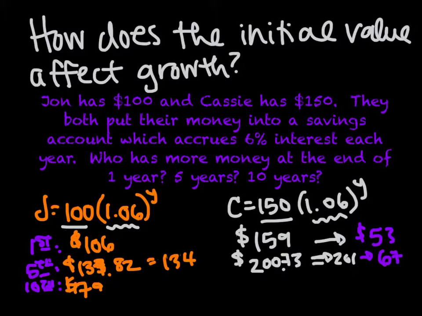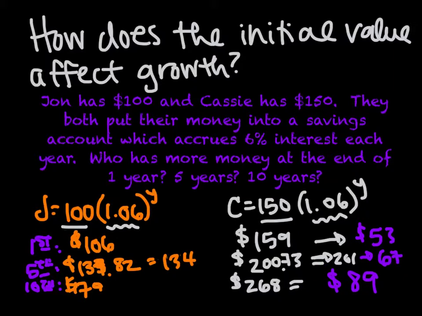Cassie ends up with a monstrous $268 in some odd sense. So looking at this information, we now have a difference between the two of them, $268 minus $179, which is an $89 difference between the two of them.